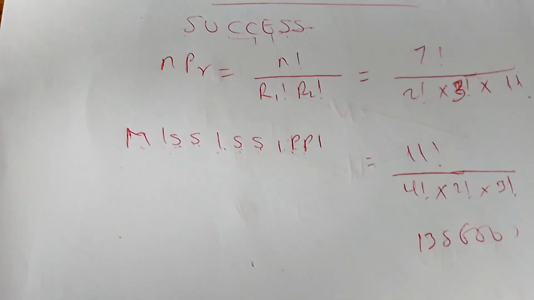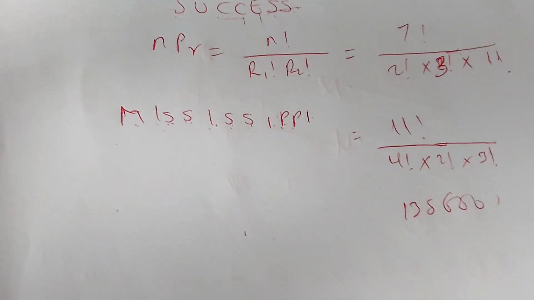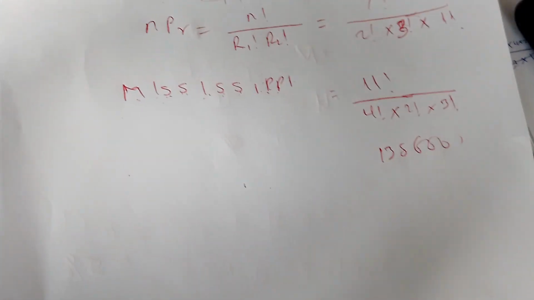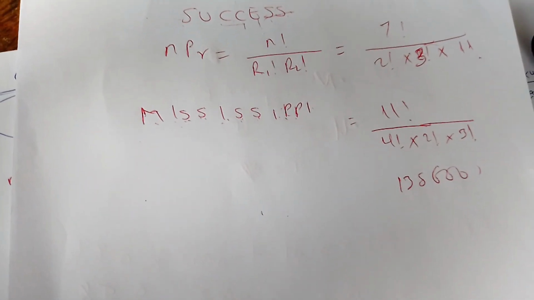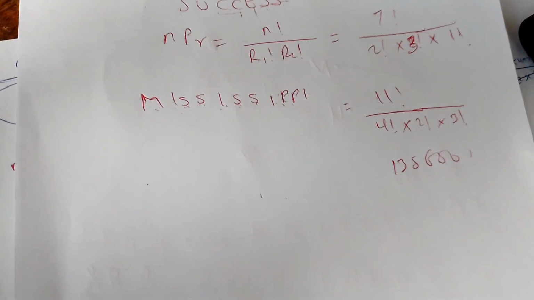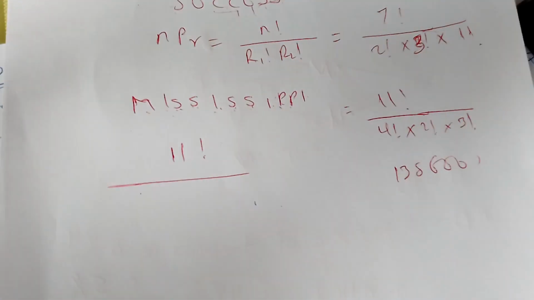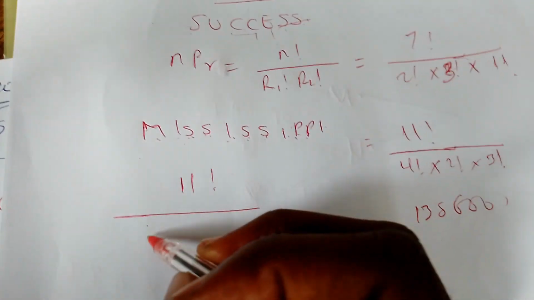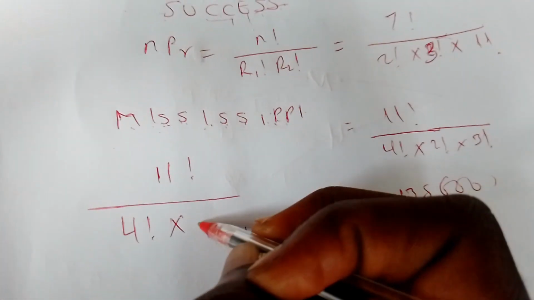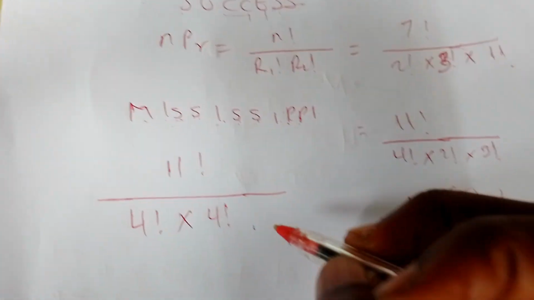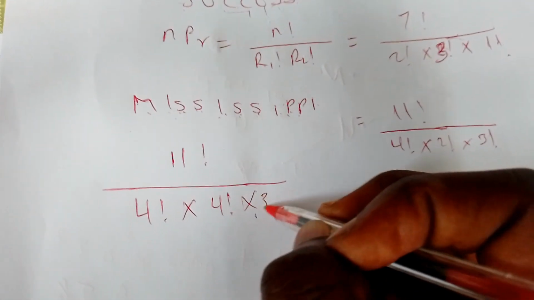So let's say, well, I don't know much about the game, but let's say there are 11 people who are going to play. Then you can simply do 11 factorial over the like terms. So there are 4 like terms for Czech people, 4 like terms for US people, and 3 like terms for Russian people.